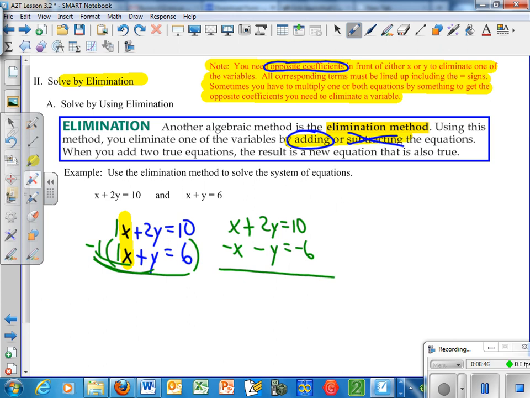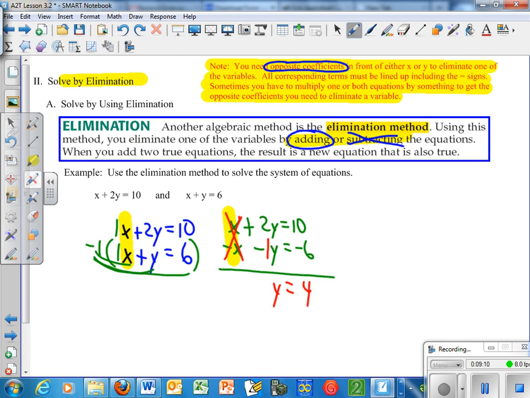And once you have this part right here is 0x. It drops out. It eliminates. So the x's eliminate. And I get positive 2y and negative 1y, which is y, is equal to a 10 and a negative 6. Just think of them combining like terms. A 10 and a negative 6, or 10 plus negative 6, is 4.